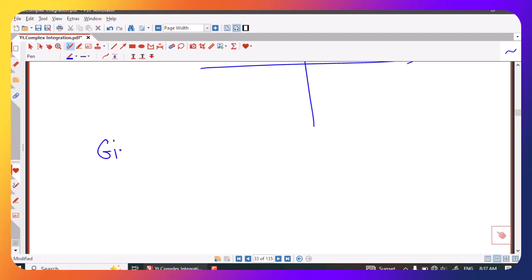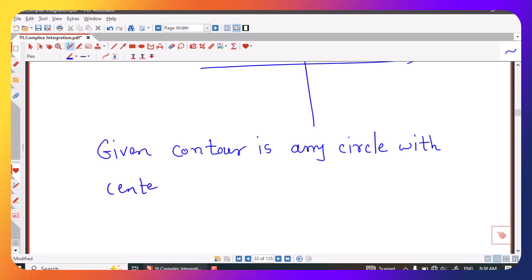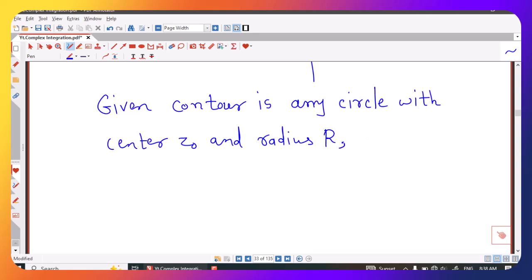So first we write that the given contour is any circle with center z0 and arbitrary radius denoted by capital R, and that circle we can write in this way also, absolute value of z minus z0 equal to r. So we can represent this parametrically.